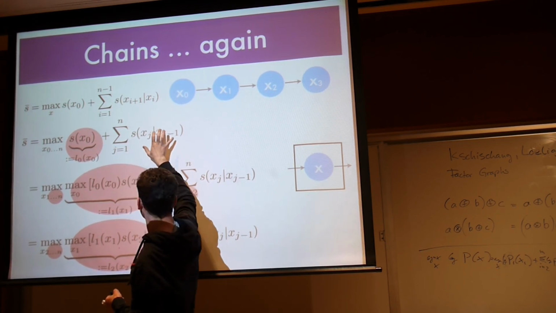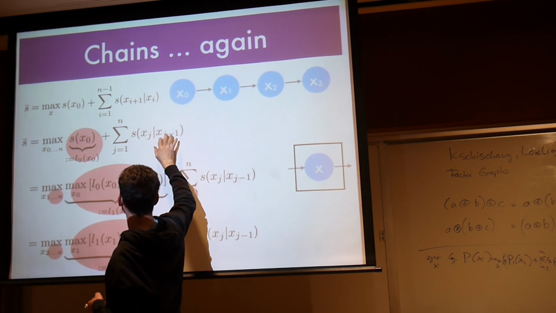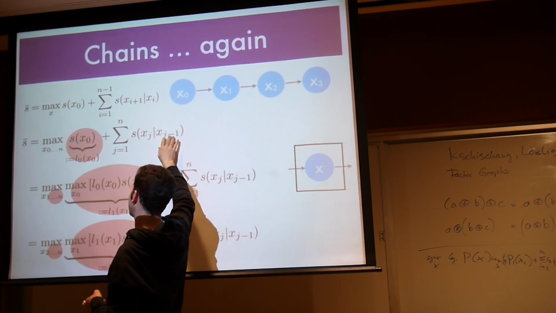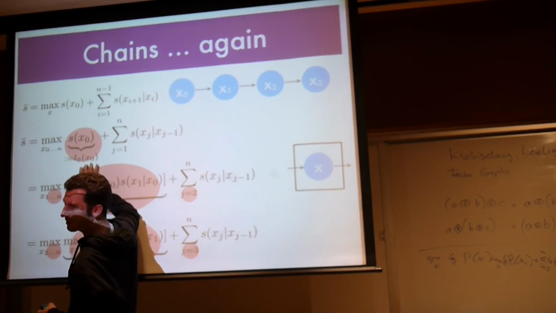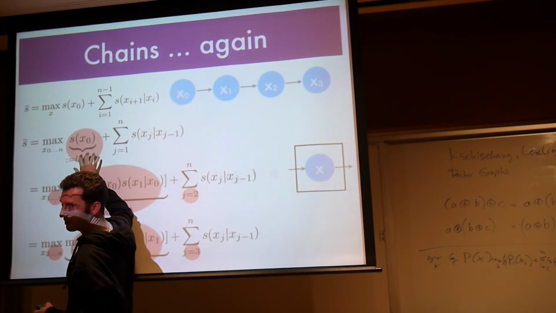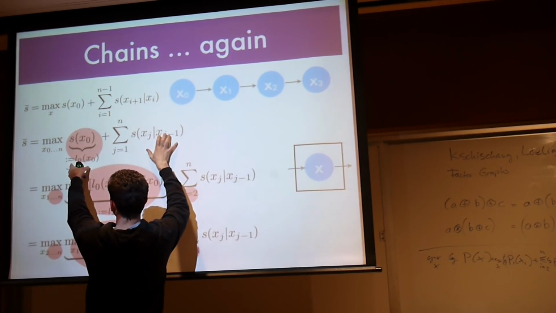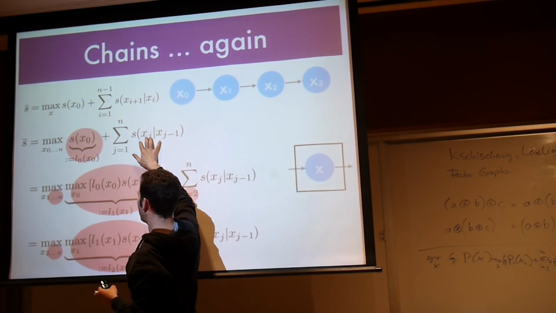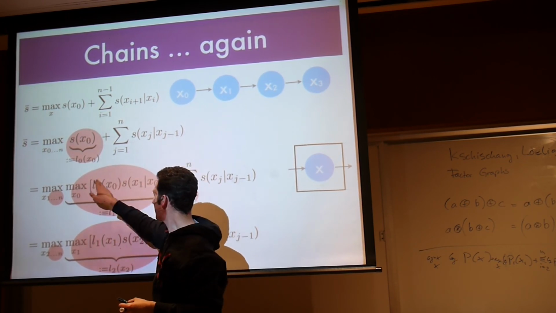Yeah, so this term depends on x1 and x0, and then x2 and x1 and so on. So basically I'm just collecting all the terms that depend on x0. All the terms depending on x0, I can take the maximum over, because the only term that depends on x0 and something else is the one that depends on x1. So I get this here.